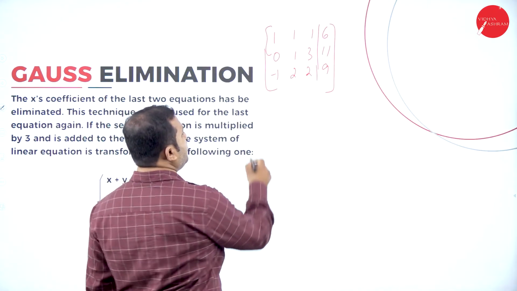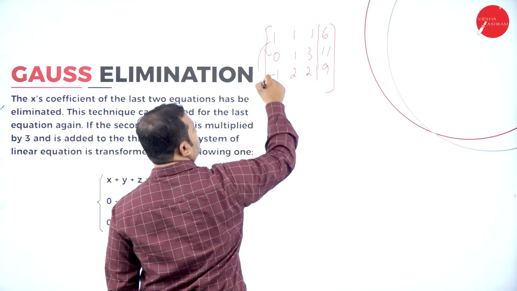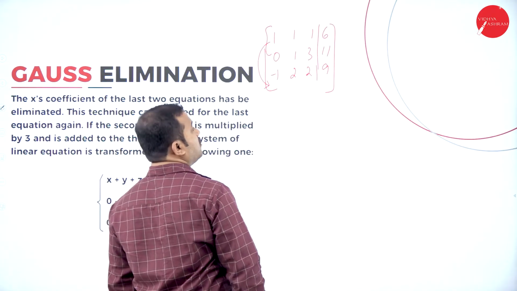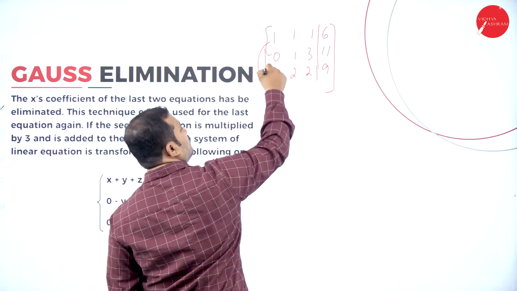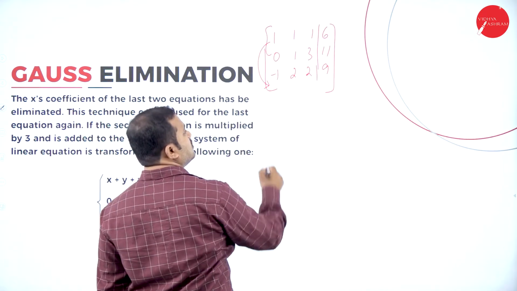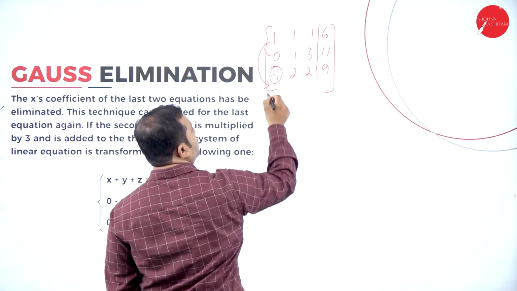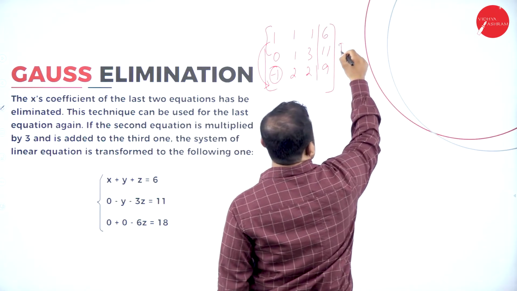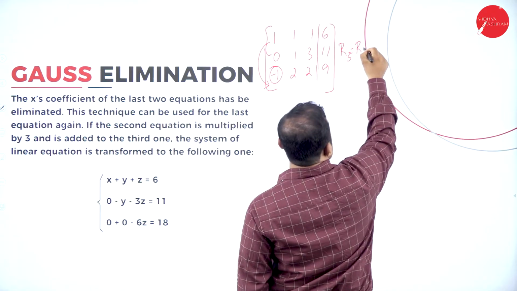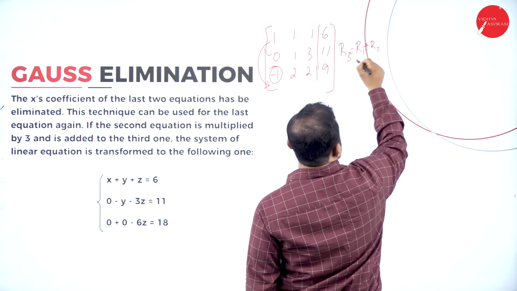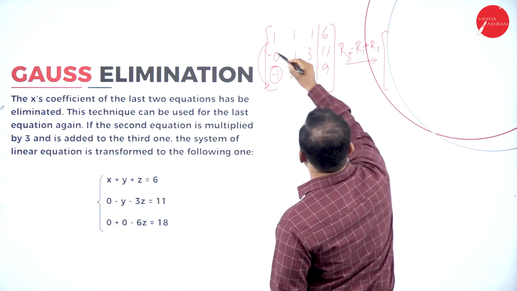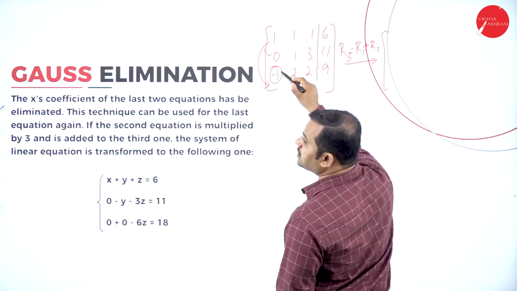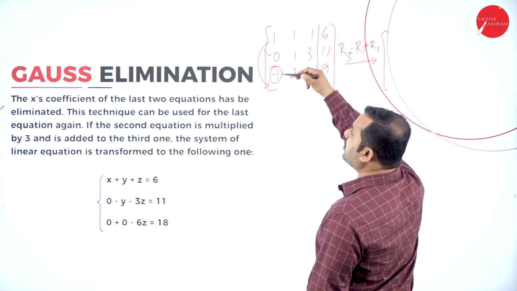Now if I add this row 1 to row 3, what happens? This becomes 0. That is, R3 is equal to R1 plus R2. What is R1 plus R2? 1 plus of minus 1 turns out to be 0.